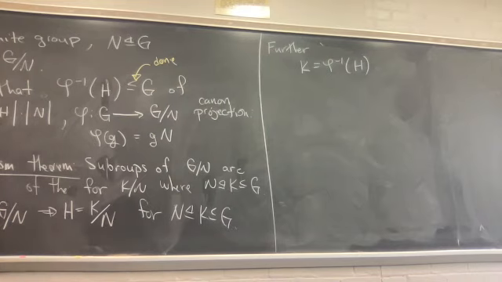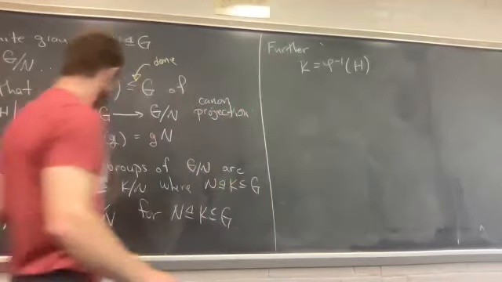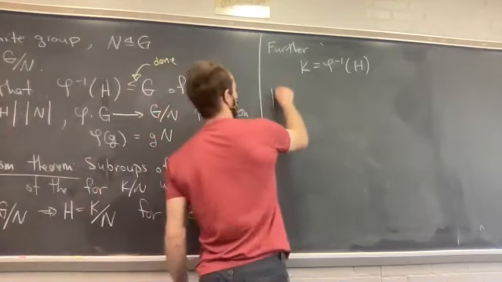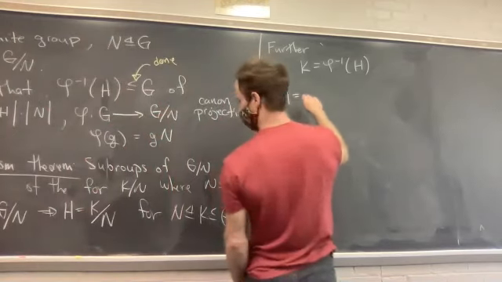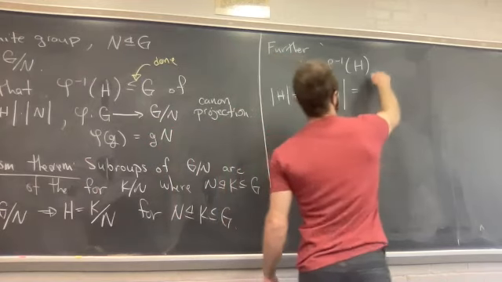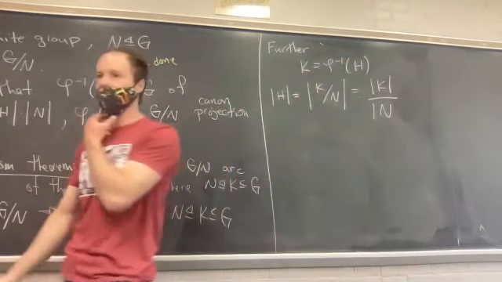So now we can really do it. Notice that from this over here, we have that the size of H is equal to the size of K mod N, but that's equal to the size of K over the size of N. That's by Lagrange's theorem.